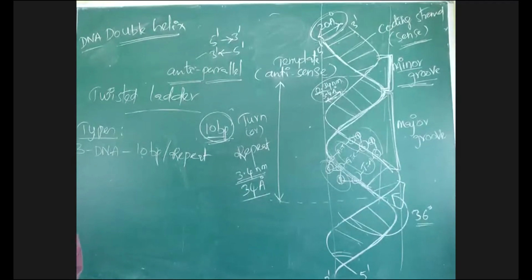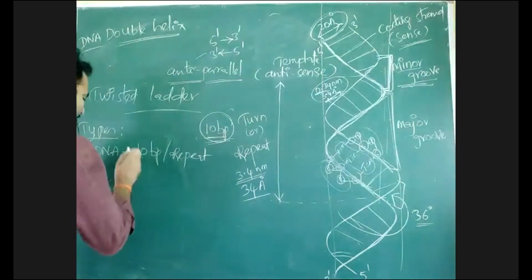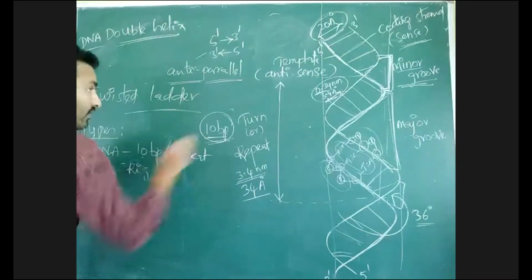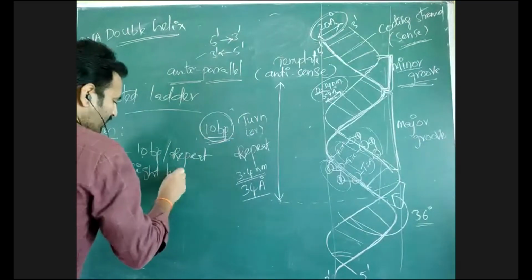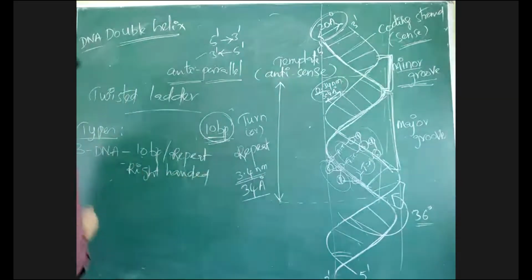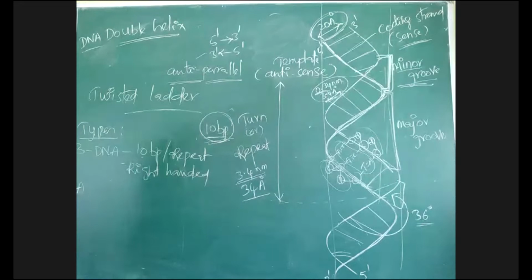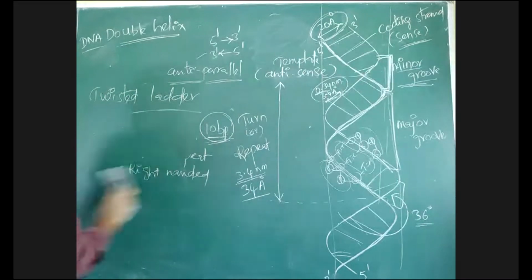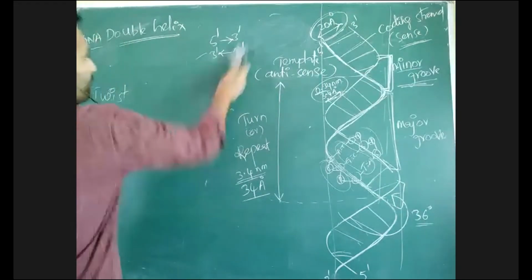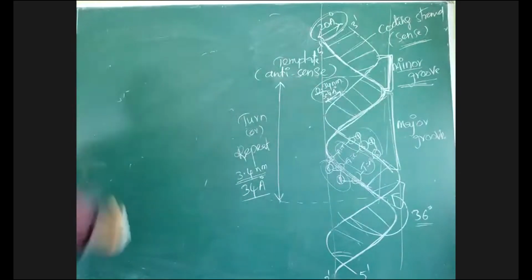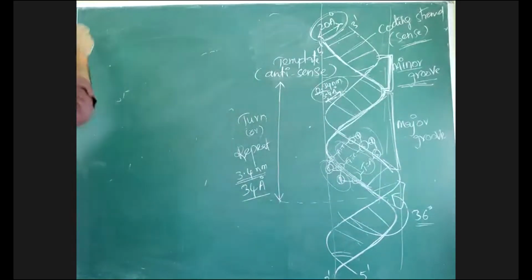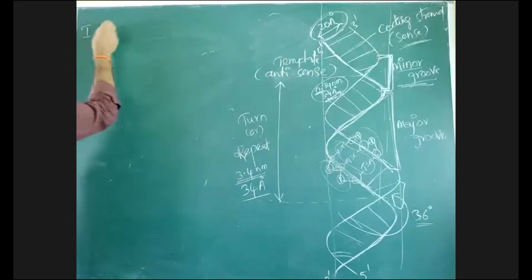This is a right-handed helical structure. That is B-DNA. The second one is A-DNA. Otherwise, I will erase this and give the names of those also. Types of DNA.